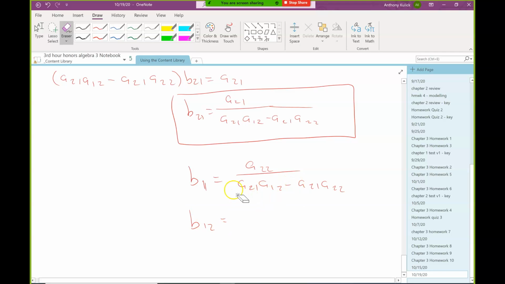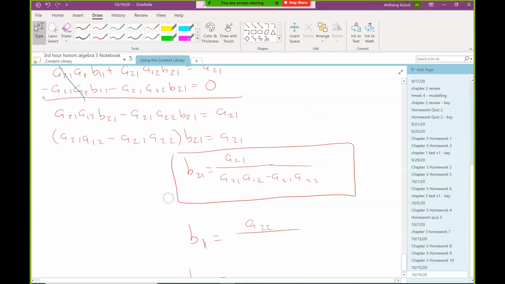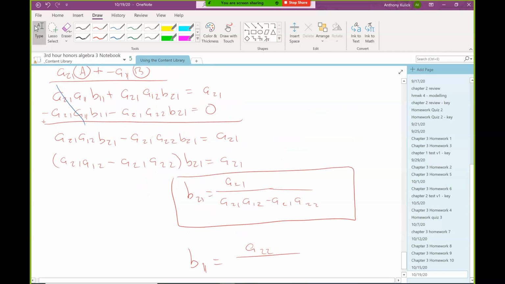I know what the answer is supposed to look like. I'm just trying to make sure I have all the symbols in the right places. Did I screw something up here? Actually, you know what? It doesn't even matter.